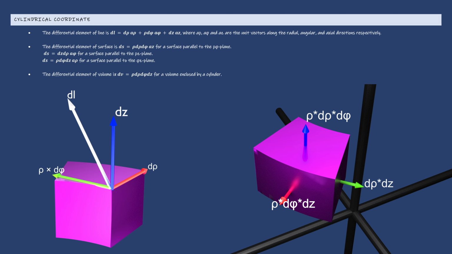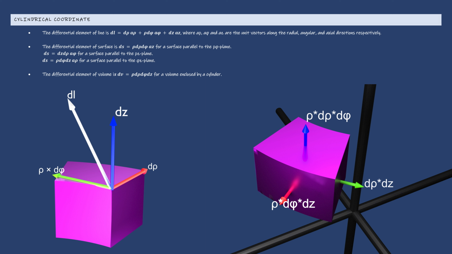In cylindrical coordinates, we use rho, phi, and z to describe the position of a point in space. Rho is the distance from the z-axis. Phi is the angle from the x-axis in the xy plane, and z is the height from the xy plane.